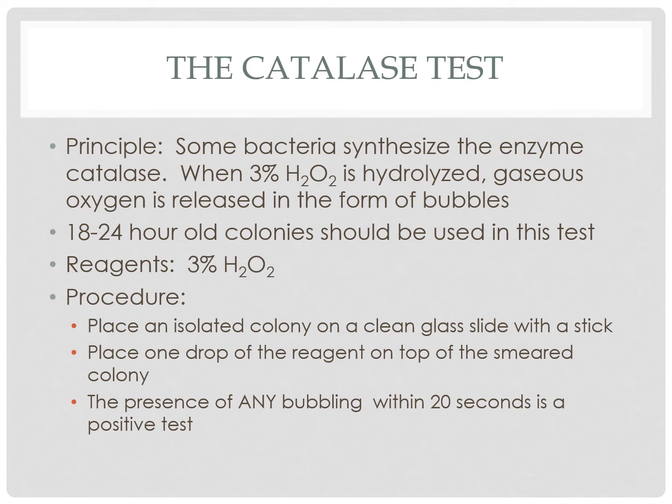It could mean that you're dealing with a Neisseria, but we have yet to talk about that. So the procedure is you take a colony of your organism, you smear it on a glass slide, and then you add 1 free-falling drop of H2O2 and look for bubbling. Any bubbling that occurs within 20 seconds is a positive test for catalase. And again, Staphylococcus are positive for catalase, while Streptococcus are negative.